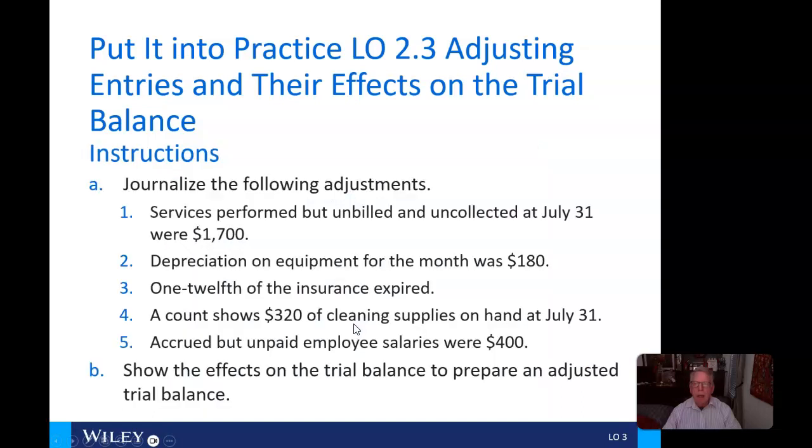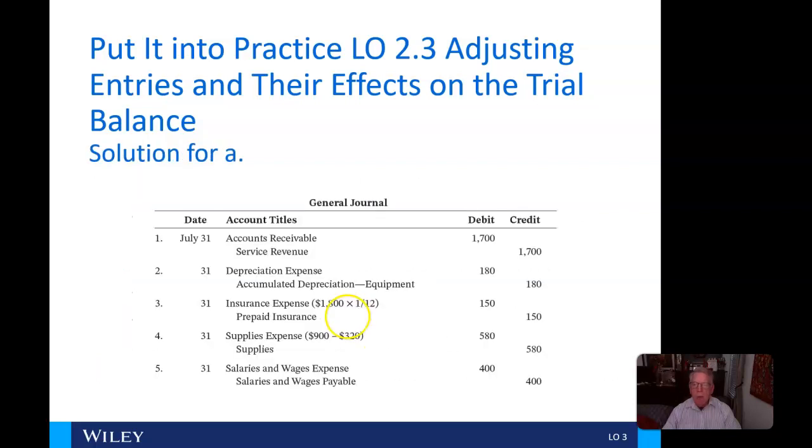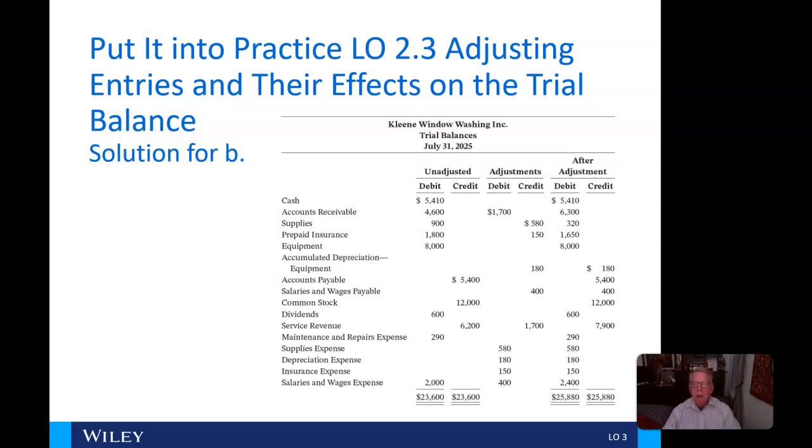Okay. And here are some adjusting entries. I'll let you work through these on your own, but we have 5 adjusting entries just like we did. And now we're going to show the adjusting entry debits and credits. Assume this again is review for you, so I won't take too much time on this.